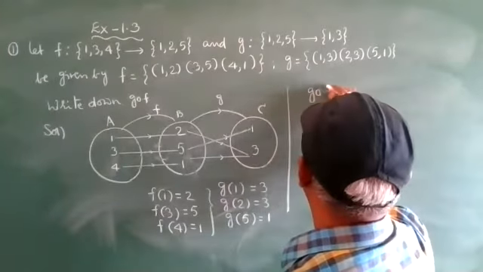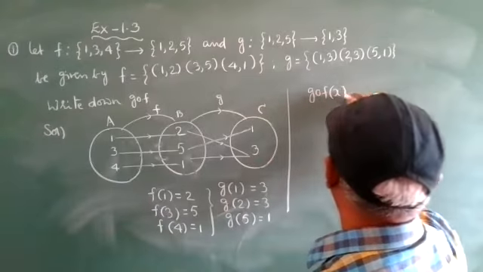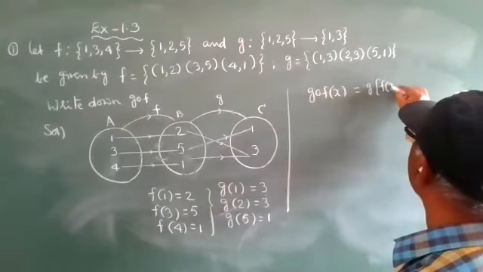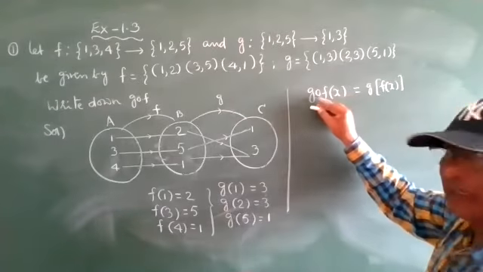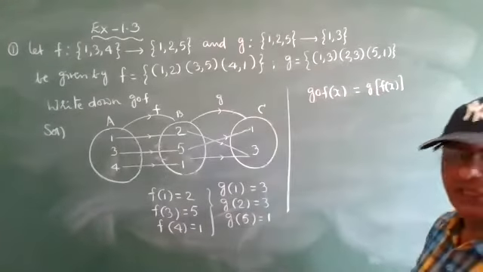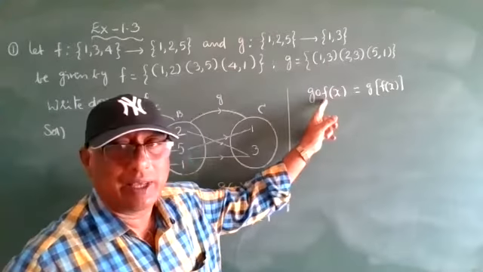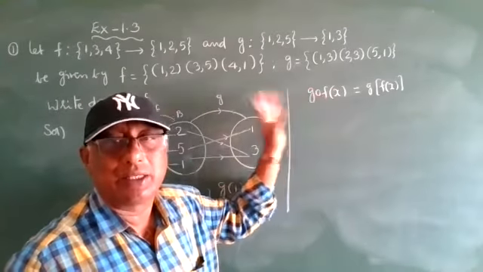G circle F at X means G of bracket of F of X. First X is taken by F, next we take G. Okay?